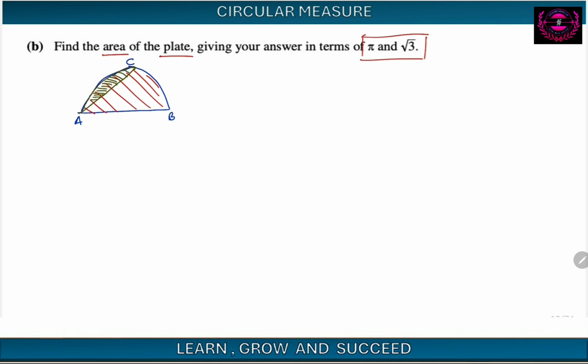So now the area of the plate becomes summation of area of sector ABC. This implies area of plate is area of sector ABC plus area of segment.